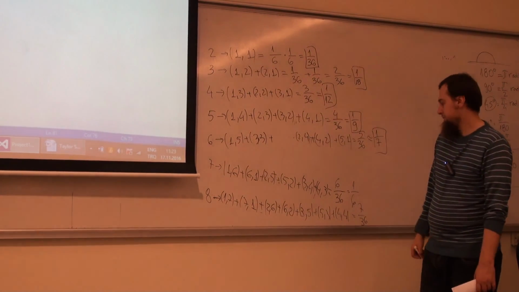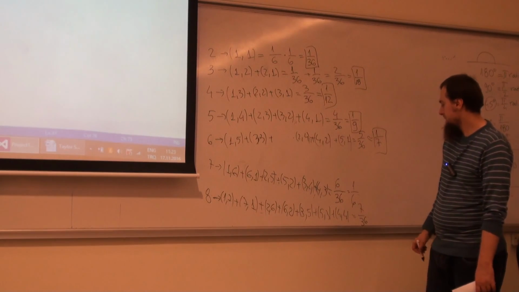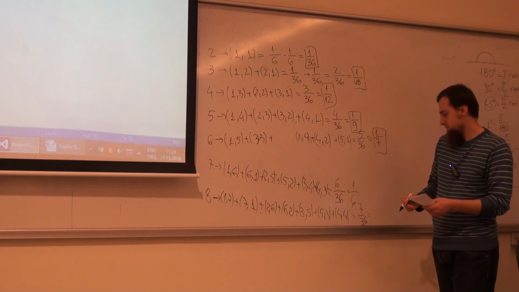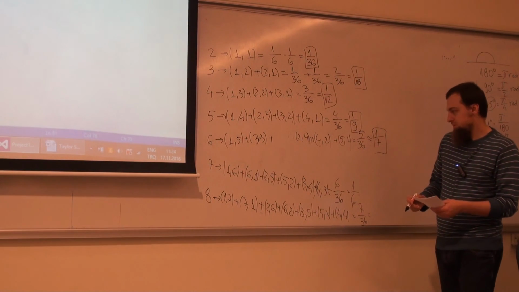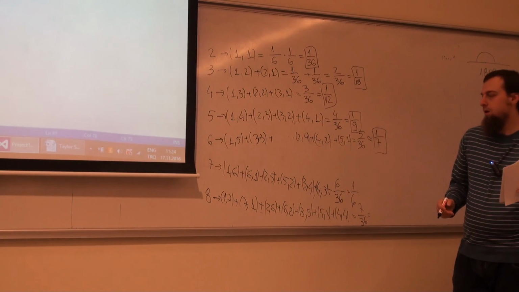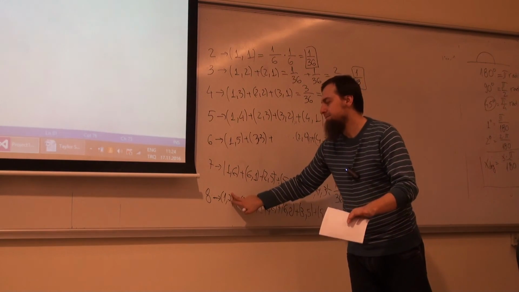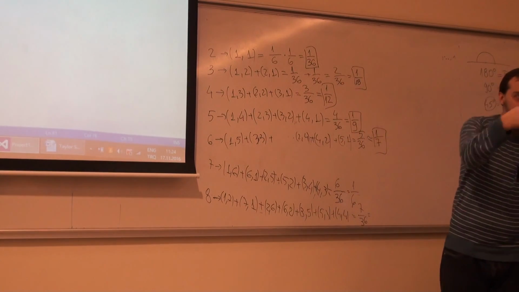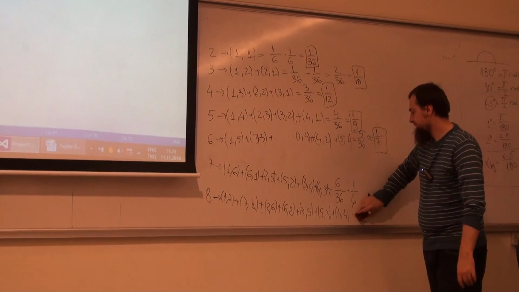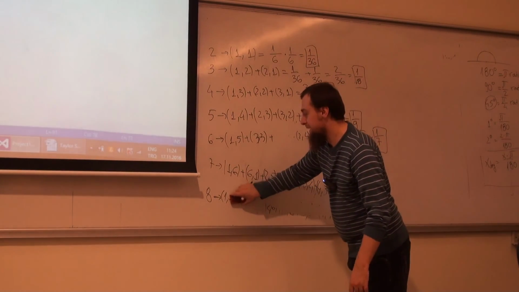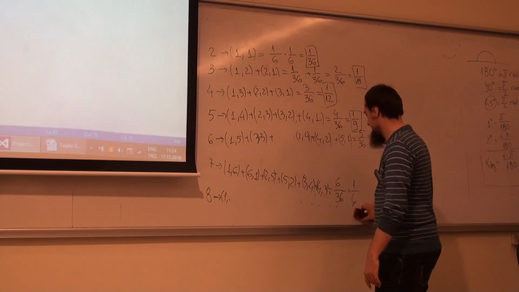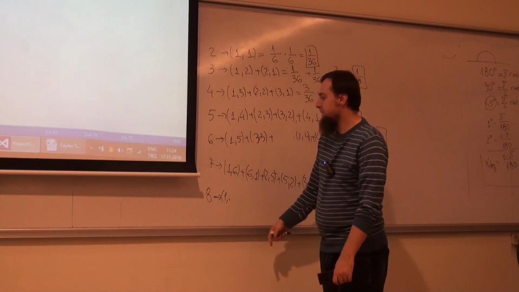But what about 8? Excuse me? Oh, yeah, you're right. You were pointing this one out while I was thinking about something else. My mistake. I'm tired. So what are the combinations we can get in order to get 8?